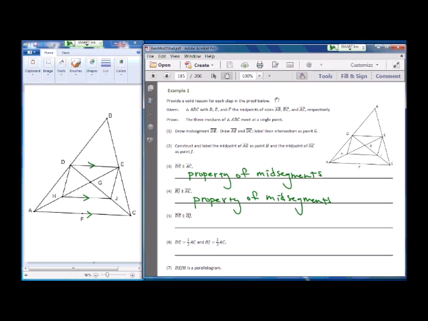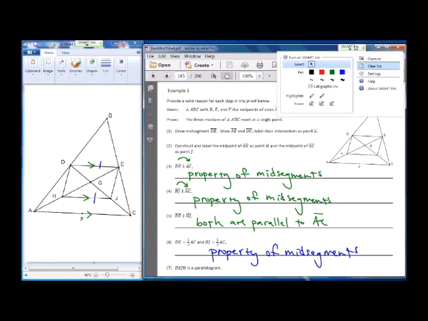DE is parallel to AC, and HJ is parallel to AC, so it makes sense that all three are parallel to each other. The other property of midsegments is that they are half the length. Because both of them are midsegments with AC, they are both half the length of AC, which means that DE is equal to HJ, because they both equal half of AC.